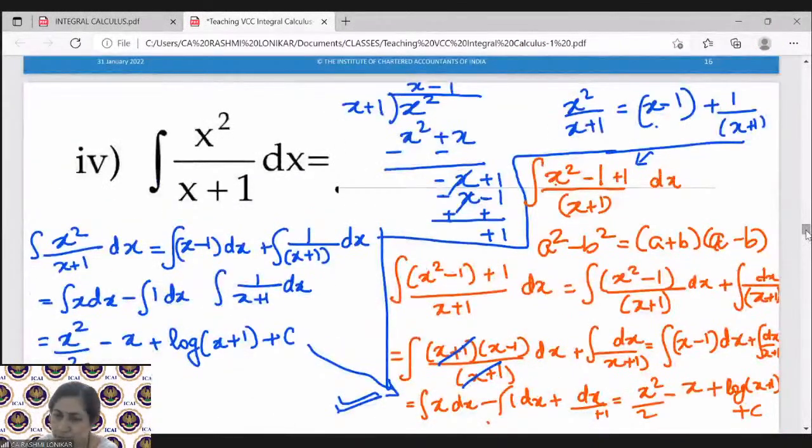Just let me check whether all of you have understood this or not. Okay, yes, Shiba, I'll explain again.